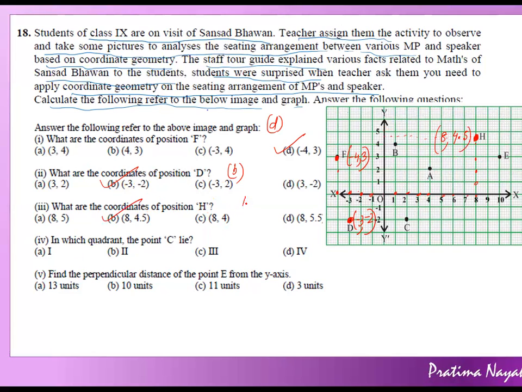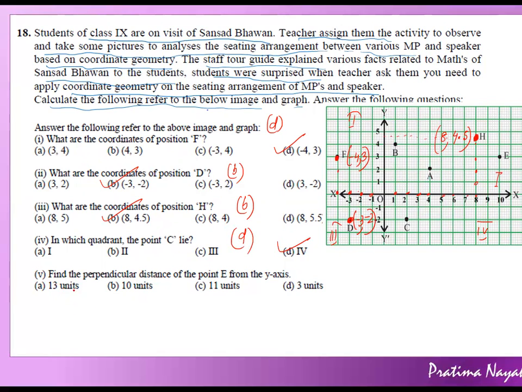So B is the answer. Next, coming to fourth part, in which quadrant does C lie? This is quadrant 1, quadrant 2, quadrant 3. This is quadrant 4th. So C is in quadrant 4th. D is the answer.